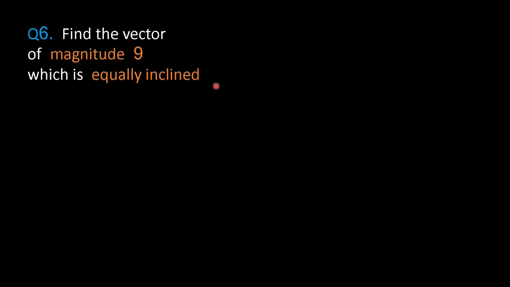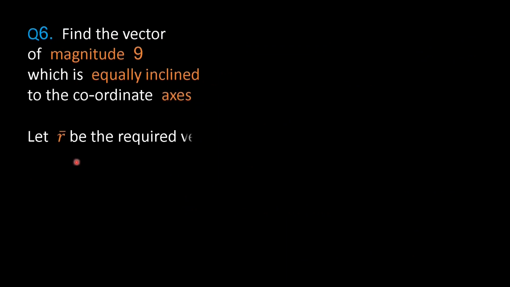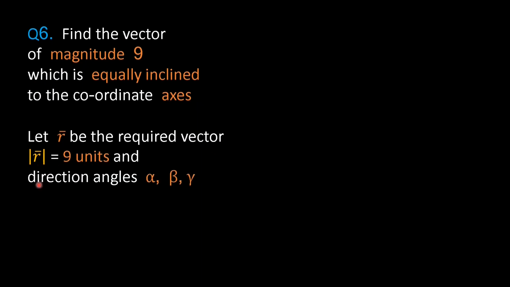In question 6, we have to find the vector of magnitude 9 which is equally inclined to the coordinate axes. Let r bar be the required vector and mod r bar equals 9 units which is given. Direction angles be alpha, beta and gamma and alpha equals beta equals gamma is given.